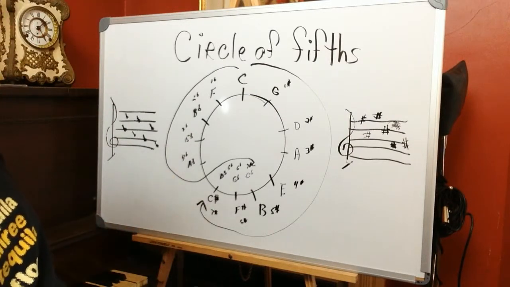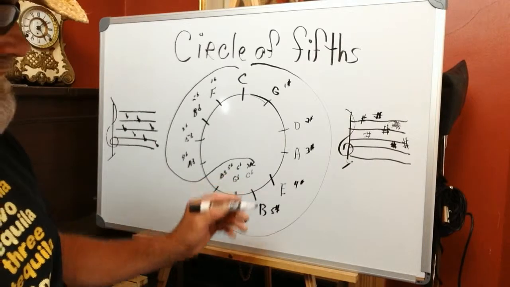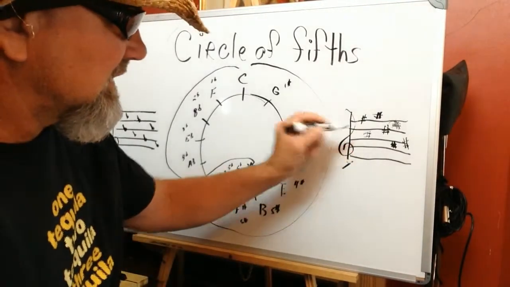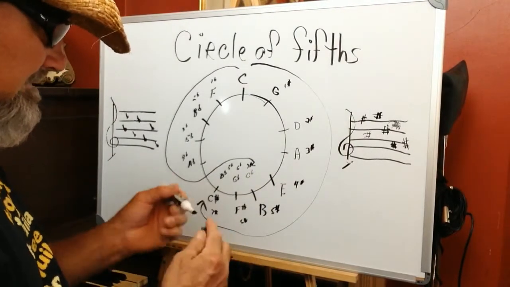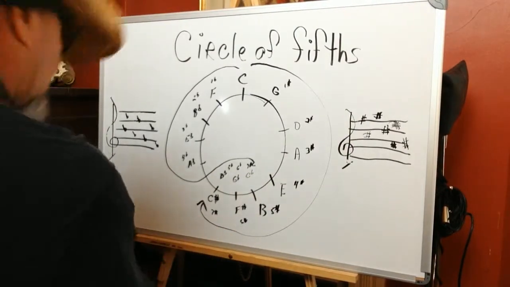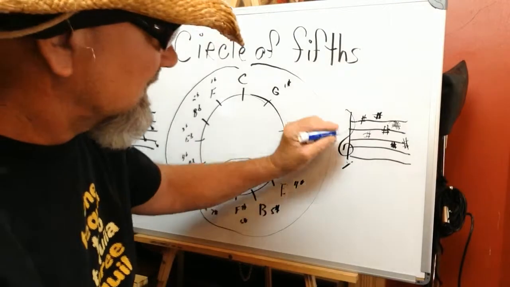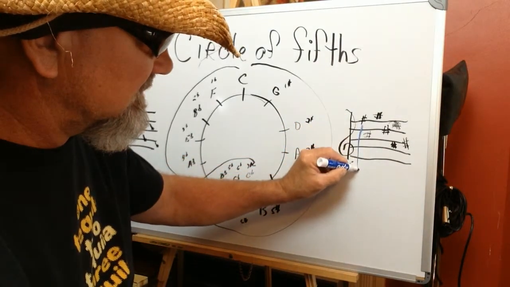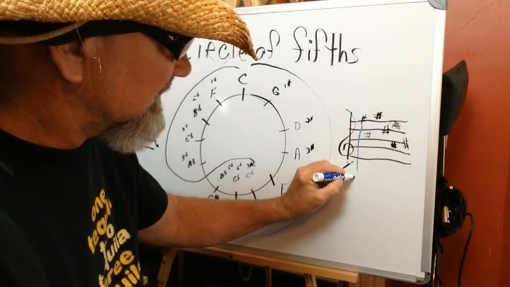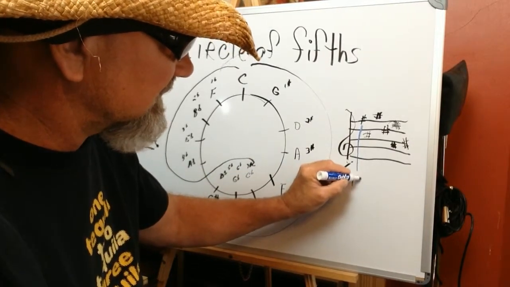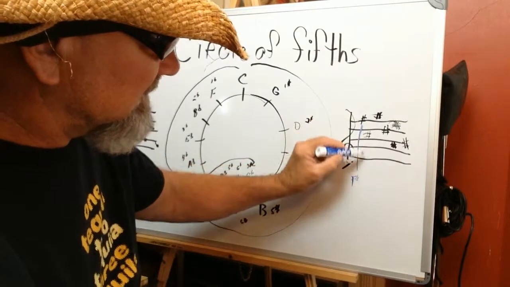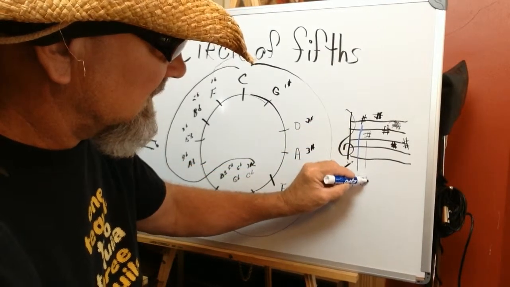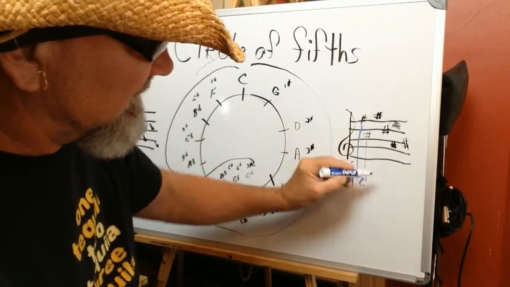Okay. Now, one last very important thing I want to show you here is in these key signatures. Okay, let me use a different color. Over here. Use blue here. Okay. So we see this F sharp here in the sharps. Now we see a C sharp. Then we have the G sharp.